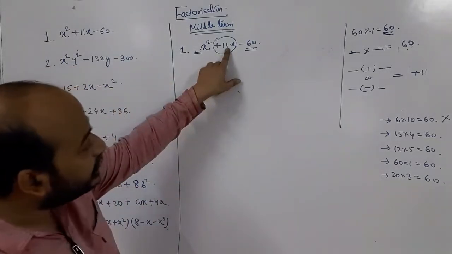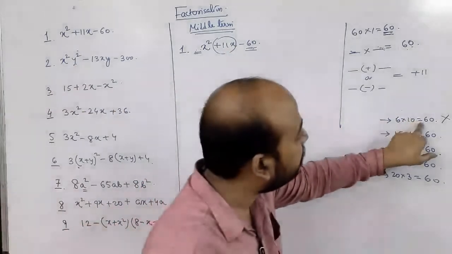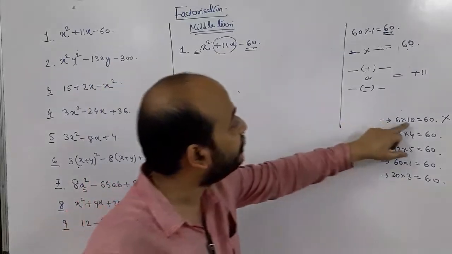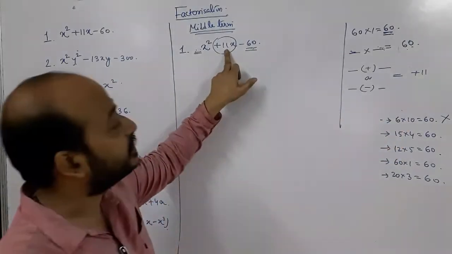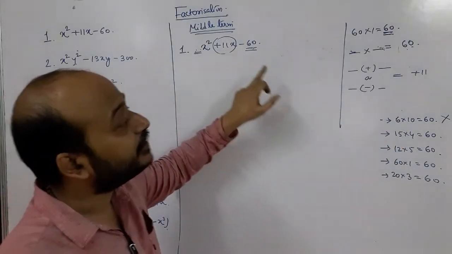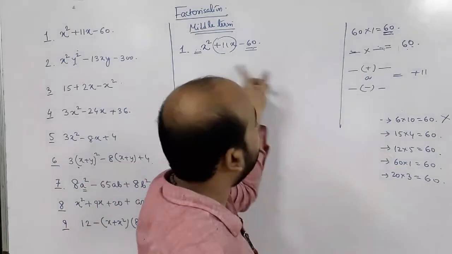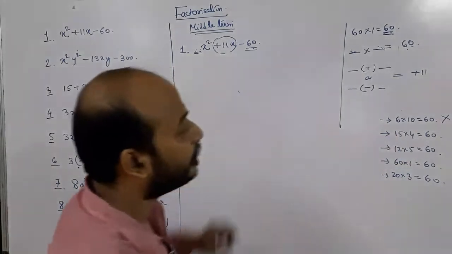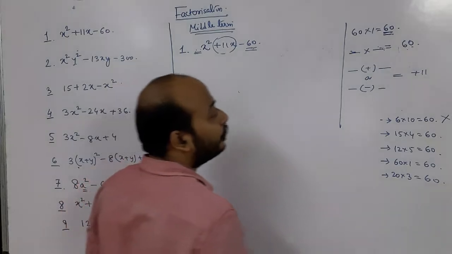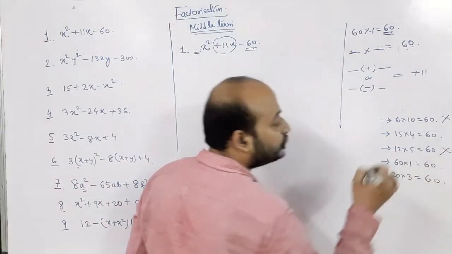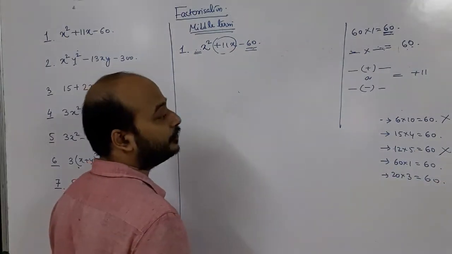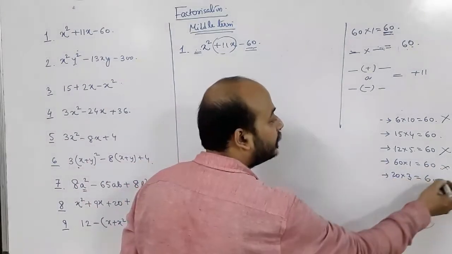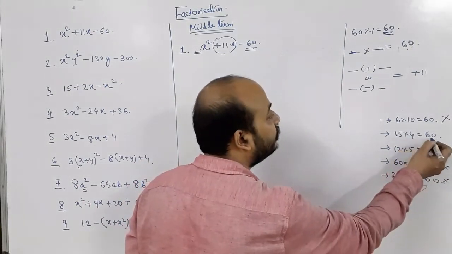If it was 16, then I would take 10 into 6, and similarly if it was 4, then also we could take it, because 10 minus 6 is 4. We will not take 12 into 5 also. We will not take 60 into 1.